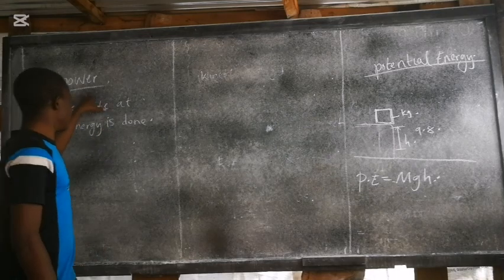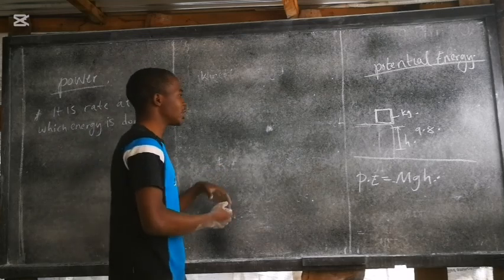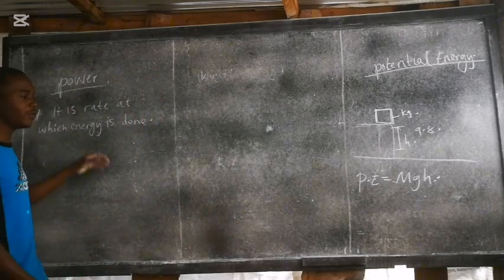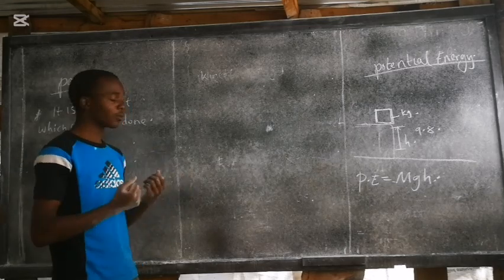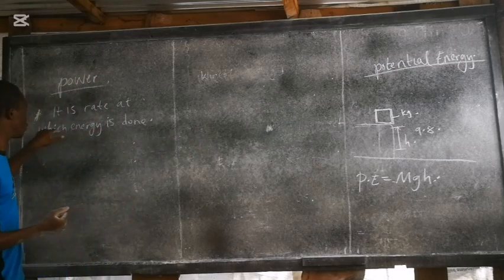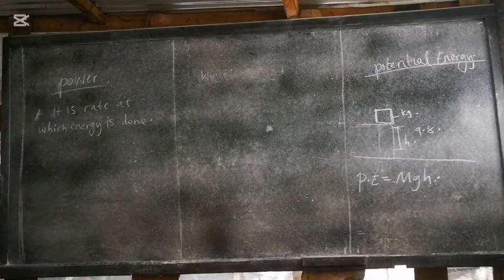The energy which you are using so that the work is done, that is what we call power. The work which they will do in a short period of time, that is what we call power. It is the rate at which energy is done.